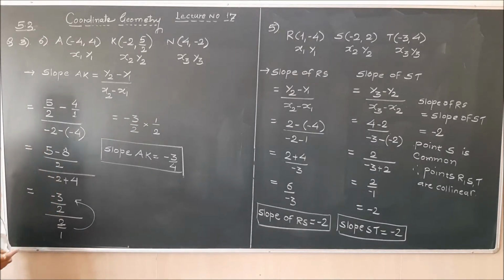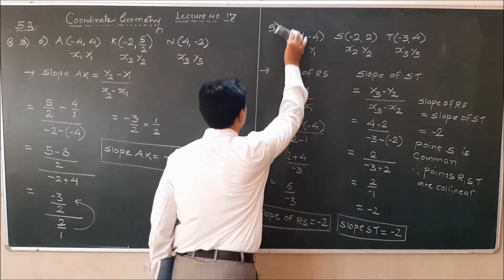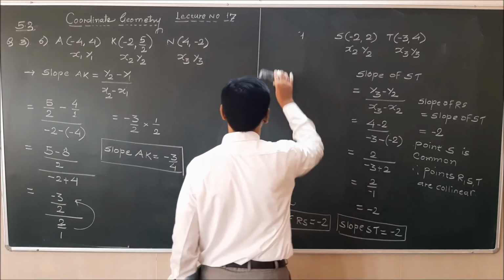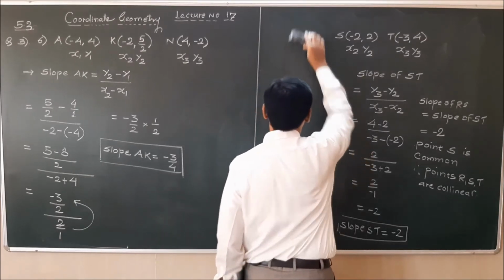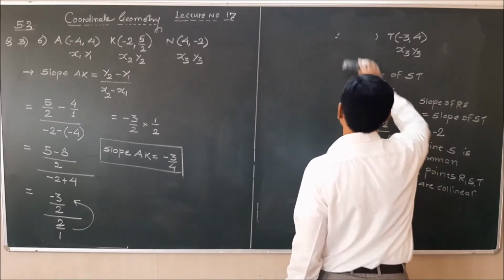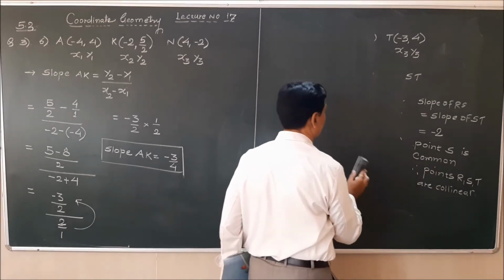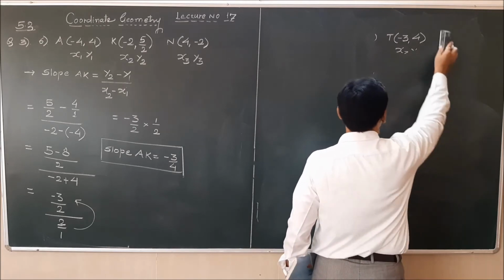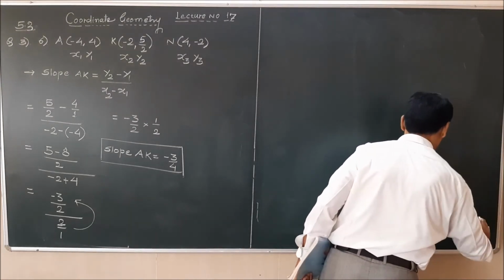Now I am going to find out the slope of Kn. Let's see here what slope of Kn I get. Whenever there is a difference between fractions, you have to be very careful while solving the addition or subtraction of fractions.